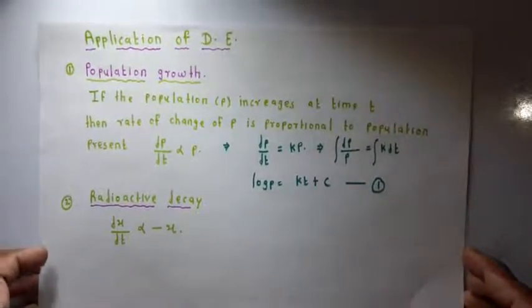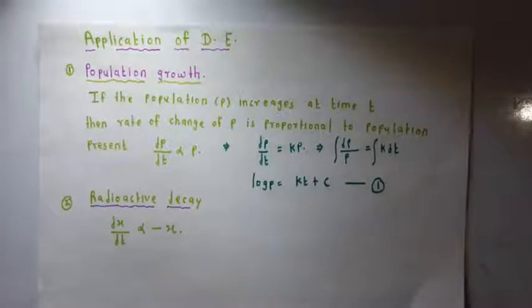The second application is radioactive decay. So what is meant by radioactive decay? We know that radioactive elements like radium, uranium and cesium disintegrate with time.